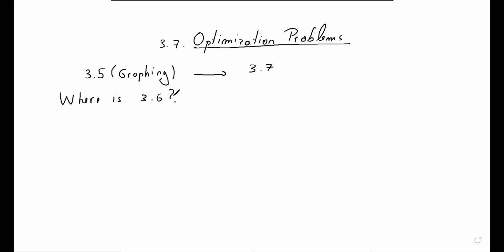So at the time, graphing things with calculators was a very tricky thing because the technology was not developed. Nowadays, this is essentially a waste of time. Desmos can do anything and everything you can think of in terms of graphing. So 3.6, we skip. If you want, do Desmos.